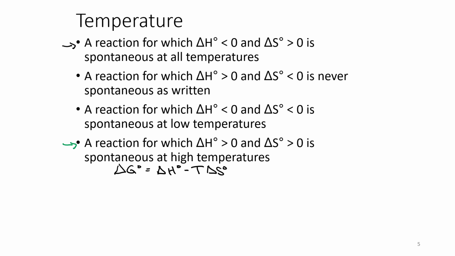I don't have any numbers, but what if I said that my delta G is equal to an enthalpy that is less than 0, so some value that is negative. I'm going to subtract off my temperature. That temperature is going to be in Kelvin. Kelvin has to be positive. It's an absolute scale. Temperatures in Kelvin are always positive. Times an entropy that has to be positive from the statement up there.